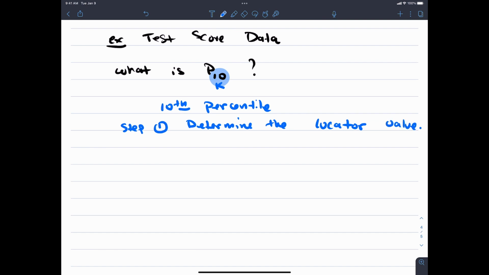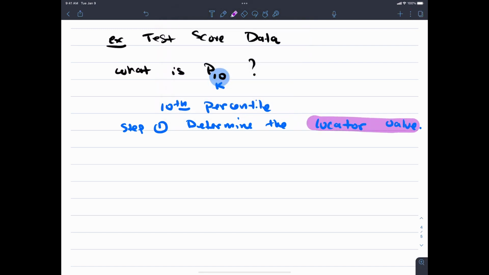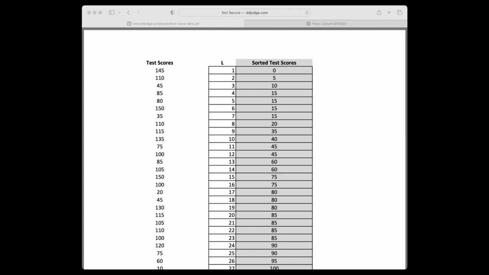So that's your first step. You need to find that L. And you might say, Mr. Judge, is that why in that list you showed me there's an L there? Yeah, see that? In the list, there's already an L. That's called the locator value. What's a locator value? It's where to locate.